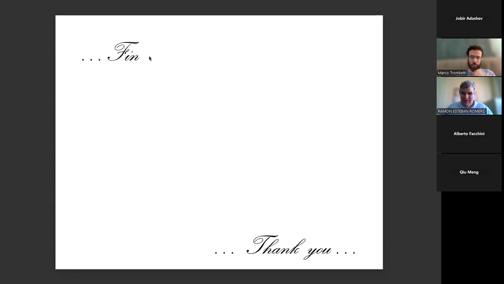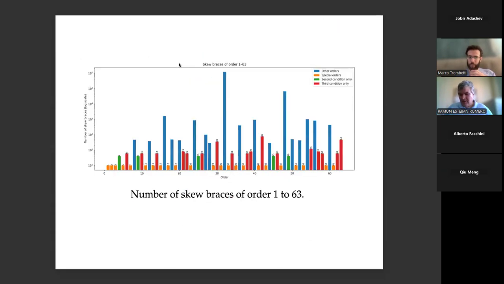Maybe I would like to make a small comment. When you presented the graph with the numbers of skew braces of the different orders, you said you compare them with the number of groups of this order, but perhaps I would compare this with the number of groups of order the square of the order of the brace. Of course.